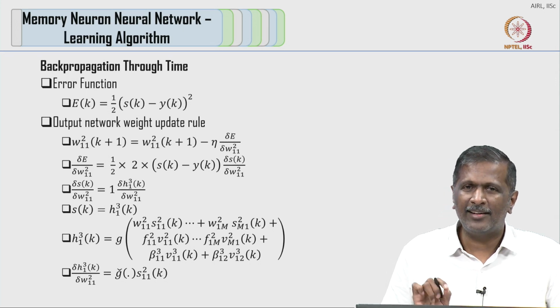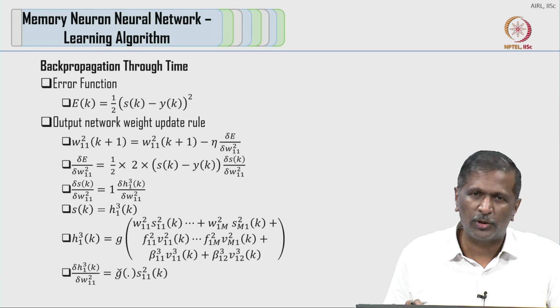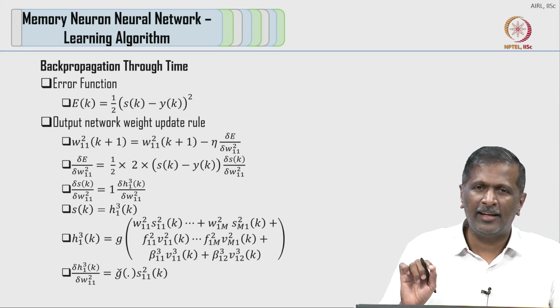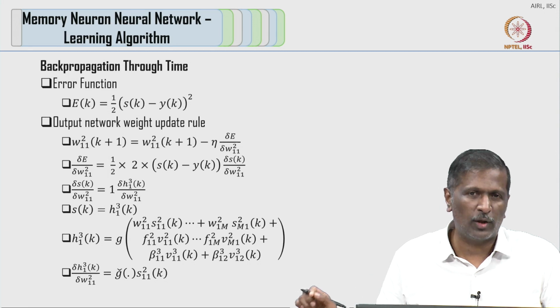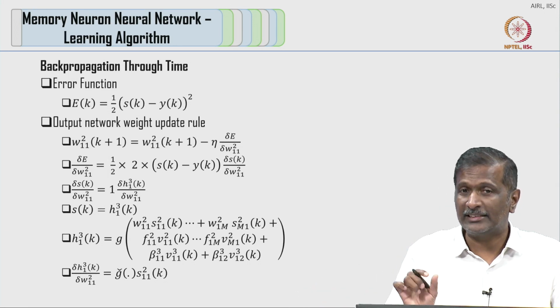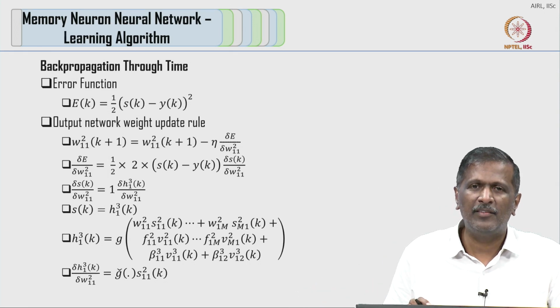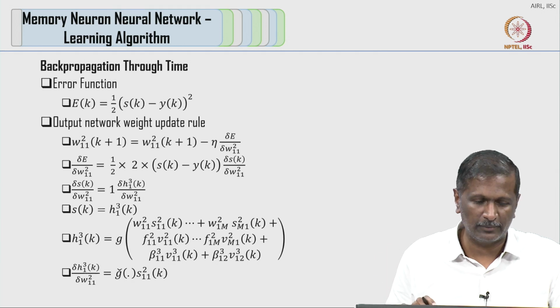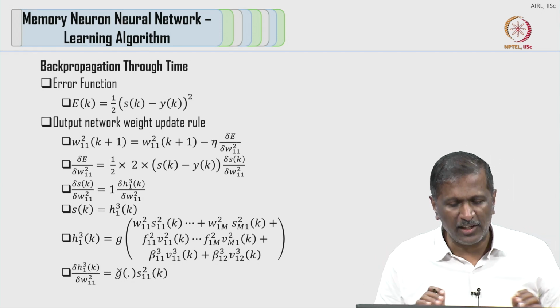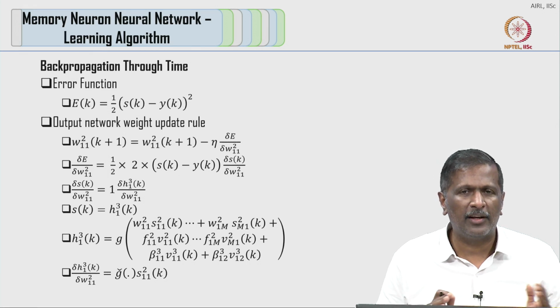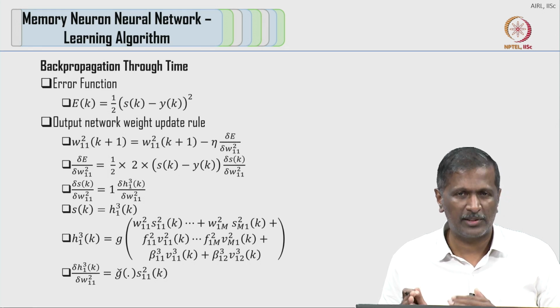The alphas are restricted between 0 and 1, and hence the output coming from those neurons will not explode at all. By constraining the memory weights we can achieve stability. Otherwise, the computation of the gradient is similar to what we have done for the multilayer perceptron.